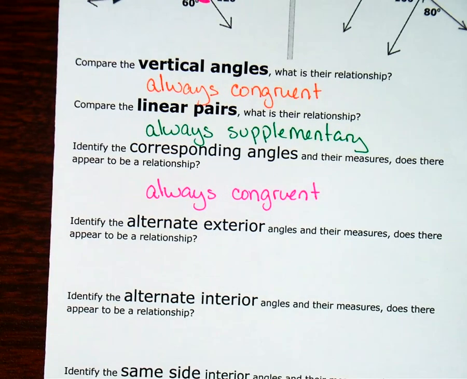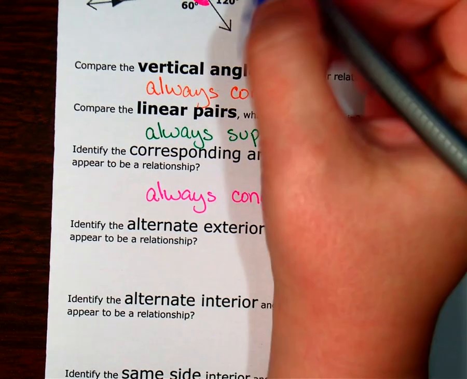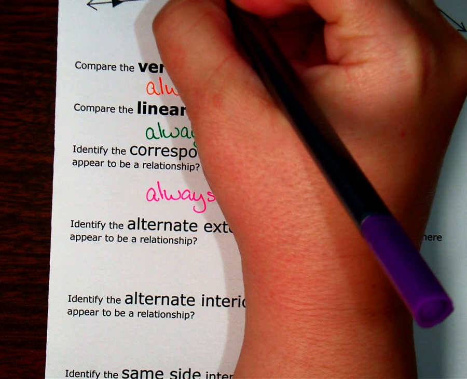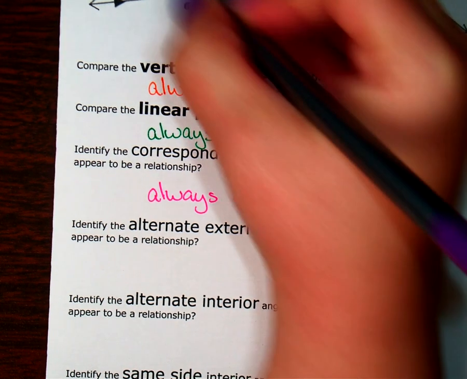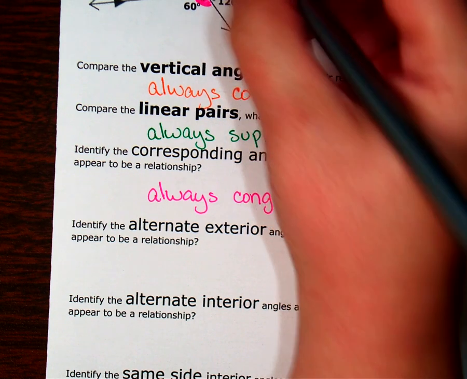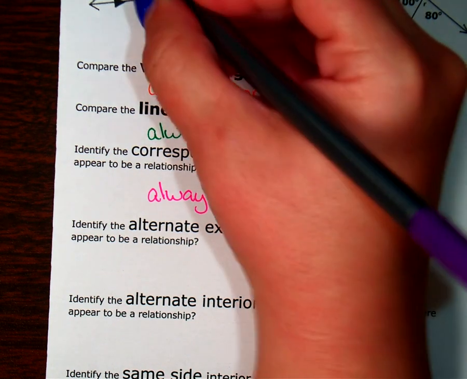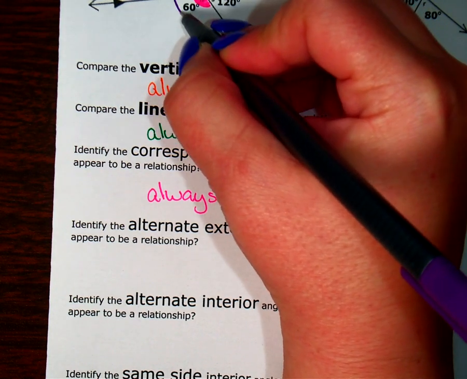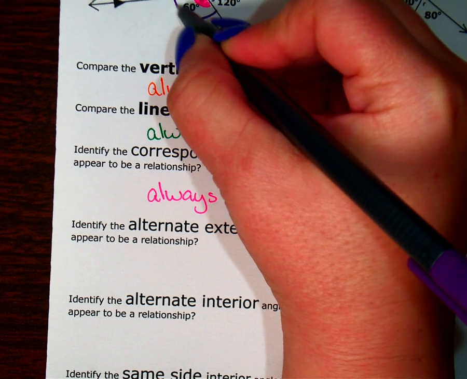Okay? Let's look at our alternate exterior angles. So for my alternate exterior angles, that's going to be like this 60-degree angle here that I'm going to mark in purple. It's to the right of the transversal, and it's on the outside of the top line. So that means I need to be to the left of the transversal and below the bottom line so that I'm on the outside.